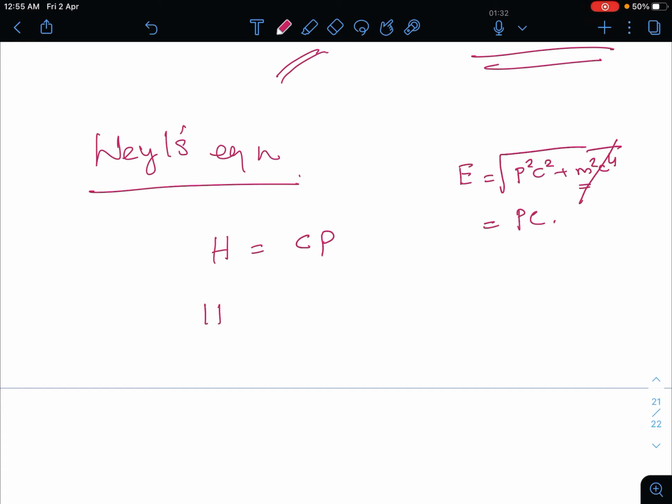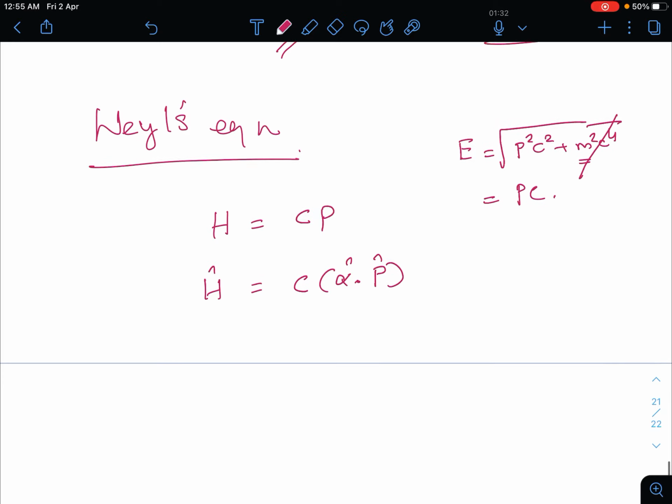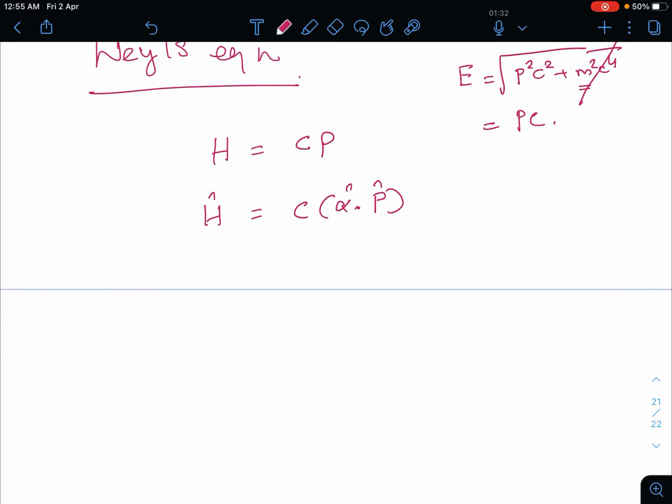Now the same Hamiltonian in the Dirac notation was c alpha dot p. Hope you remember. So now you have an alpha here. You compare this.